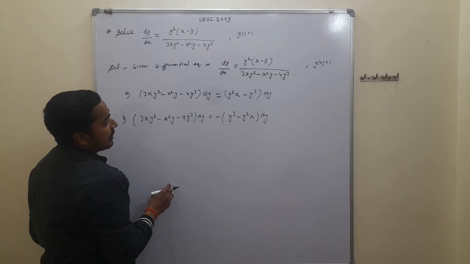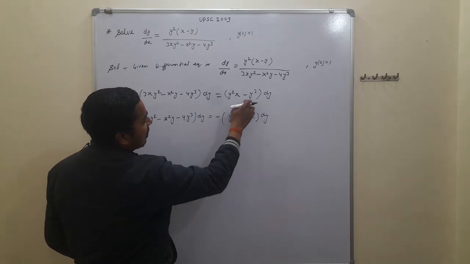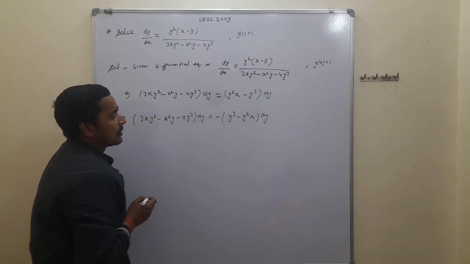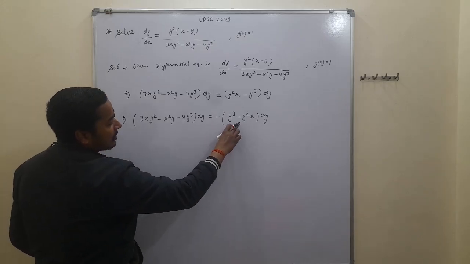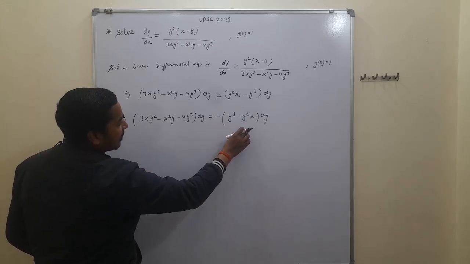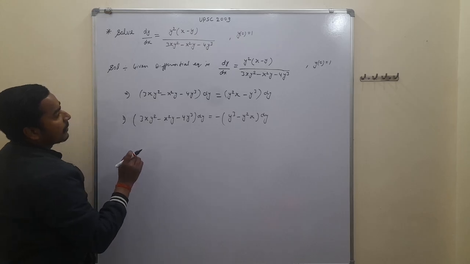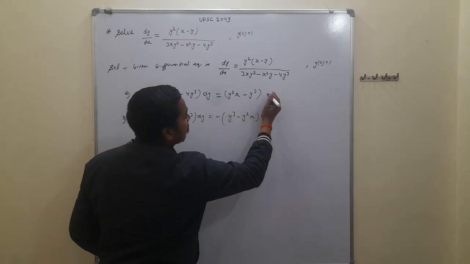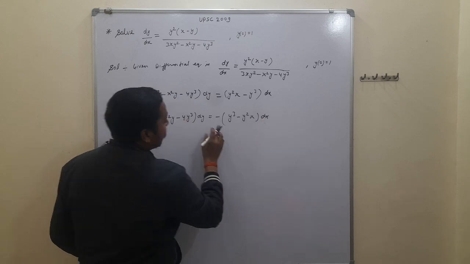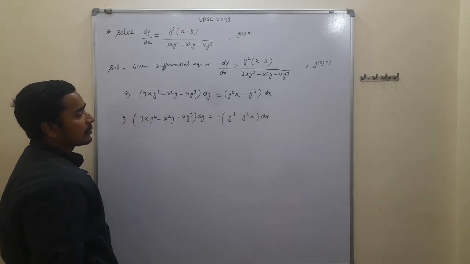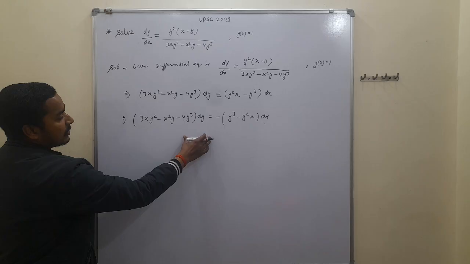When we multiply, this gives minus y³ plus y²x. So further, −(y³ − y²x) dx is taken to the left hand side.